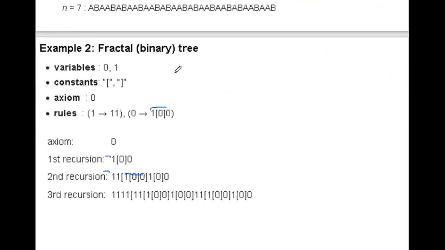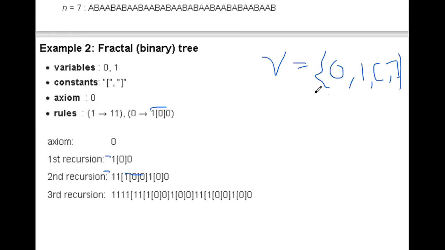This one, the fractal tree. V consists of four symbols: 0, 1, an open square bracket, and a close square bracket. This is our alphabet.